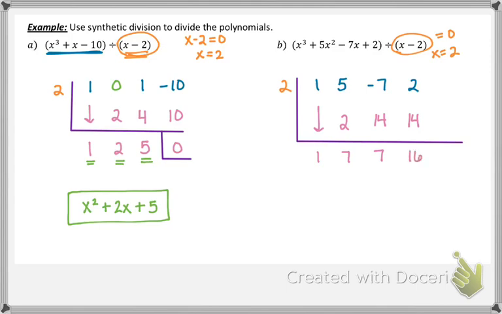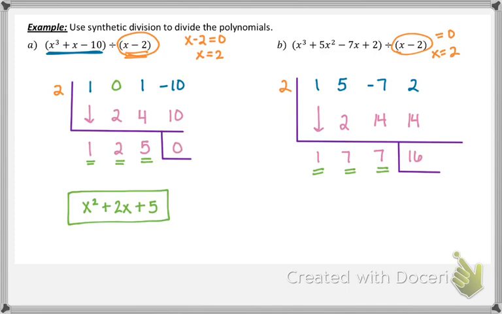And then this is it. We don't have any other columns. So this is it. And the 16 is our remainder. So always last number is your remainder. And then the number right before that is your constant. And then your x and then your x squared. Alright, so writing this final answer out, once you divide using synthetic division, you still have to write out your answers with your variables.